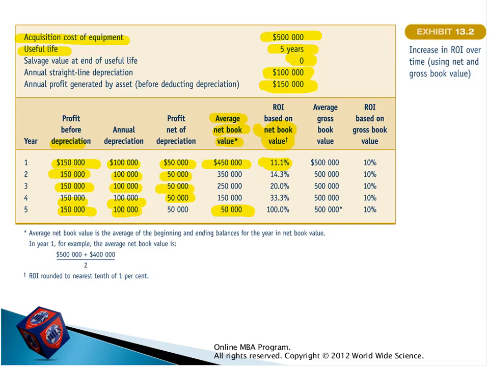For the second year, you have to take your average net book value from the end of the first year, 450, and minus your 50,000 of profits, you will get 315. Oh, sorry, you have to minus the 100 already because for these 2 years, you will get the.